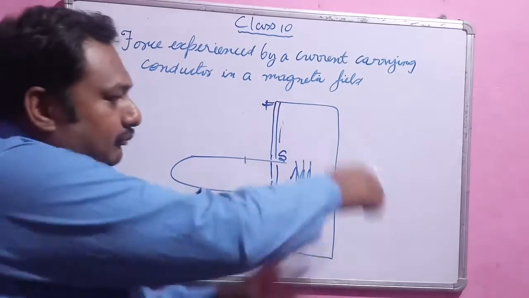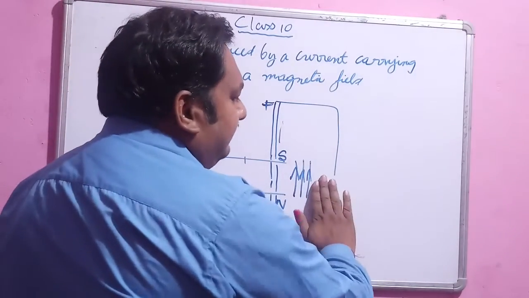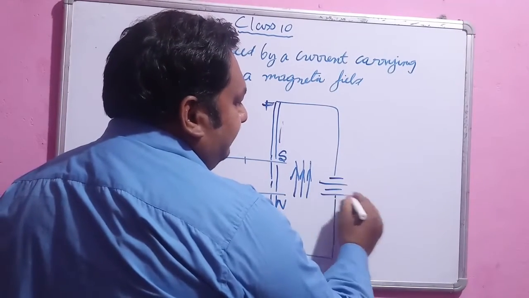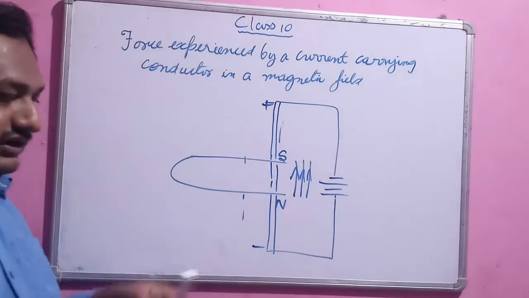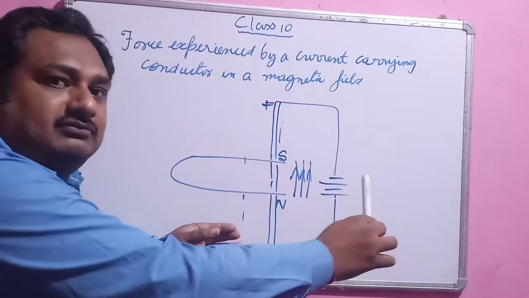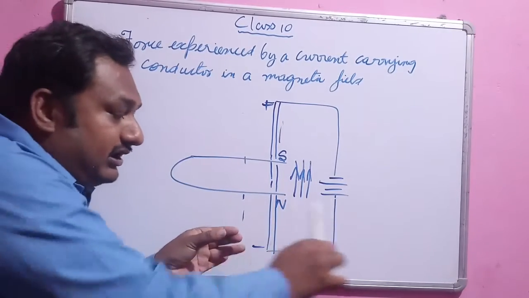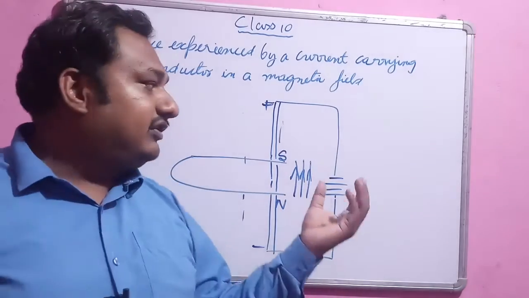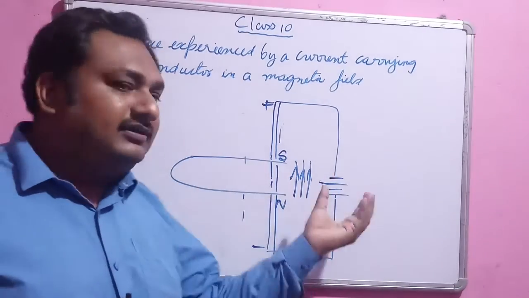And if we reverse the polarity, means negative terminal here and positive terminal here, the conductor gets shifted toward right. So this is one way of getting the shifting of the conductor toward left and right.